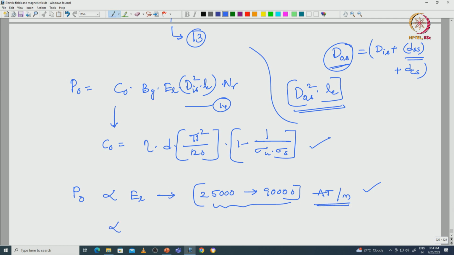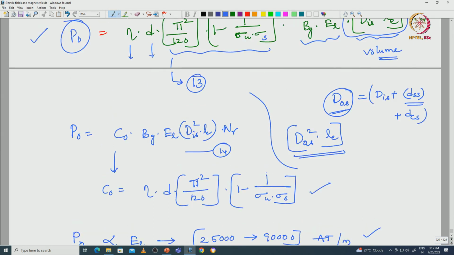Power is also directly related to the magnetic loading, that is the Bg value. It depends upon saturation, inductance variation, type of coolants, losses, type of materials, and so on. So, the flux density at the air gap we have to select in the range 0.7 Tesla to 1.2 Tesla.